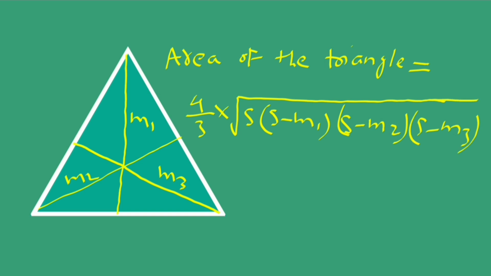This is the formula for area of the triangle when median lengths are given, not sides.